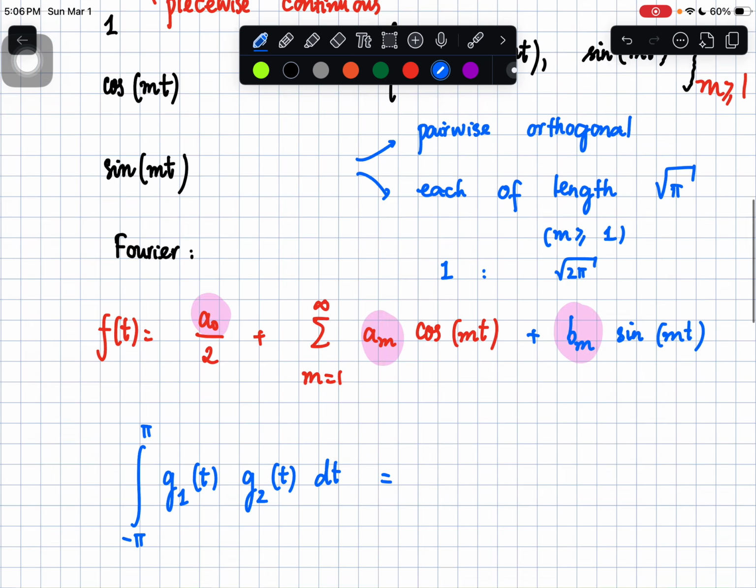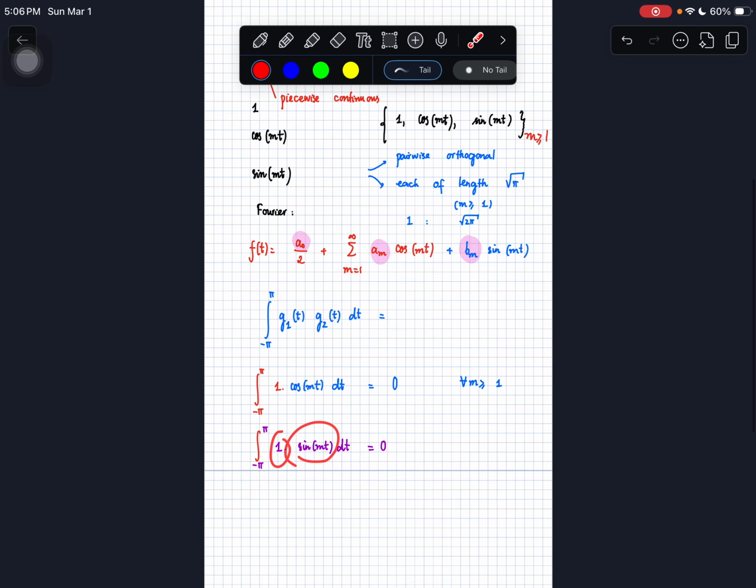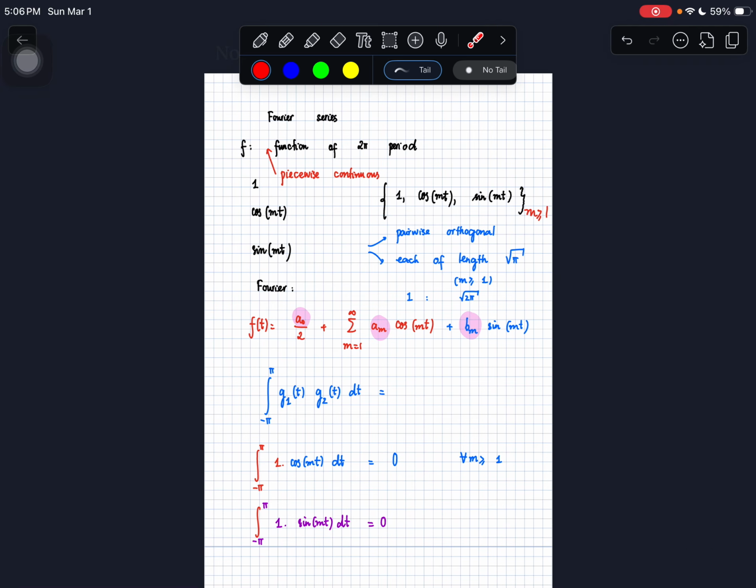You also have, if I take the integral from minus pi to pi of 1 and sine mt dt, I also have 0. So 1 is orthogonal to cosine, and 1 is orthogonal to sine.